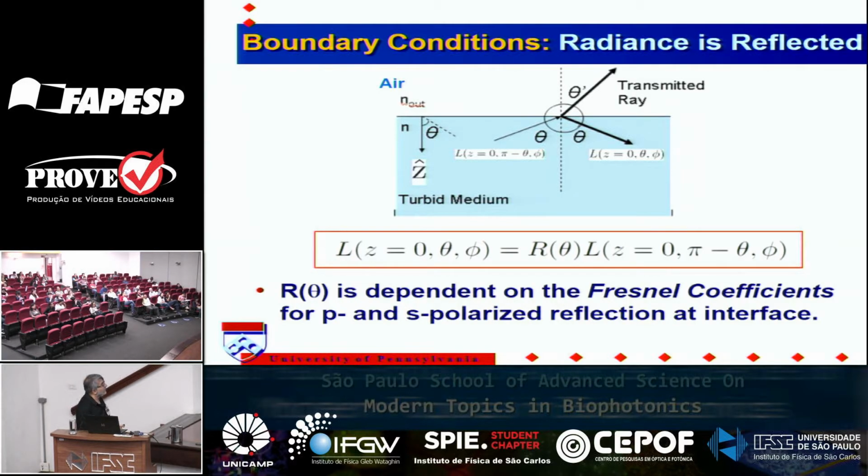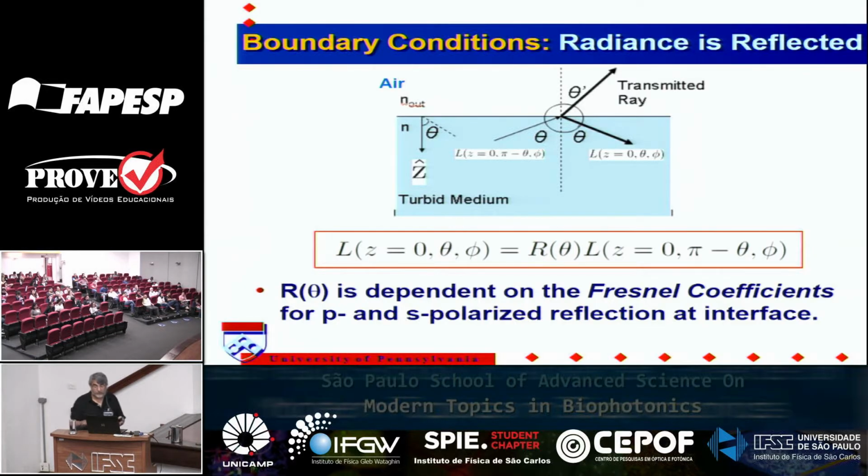So this radiance is reflected back into the medium, and that depends on what's going to that surface, and the proportionality constant is some number that depends on the Fresnel coefficients that you know about from electromagnetic wave theory for P and S polarized reflection. You have to average over those. So this is the key realization.